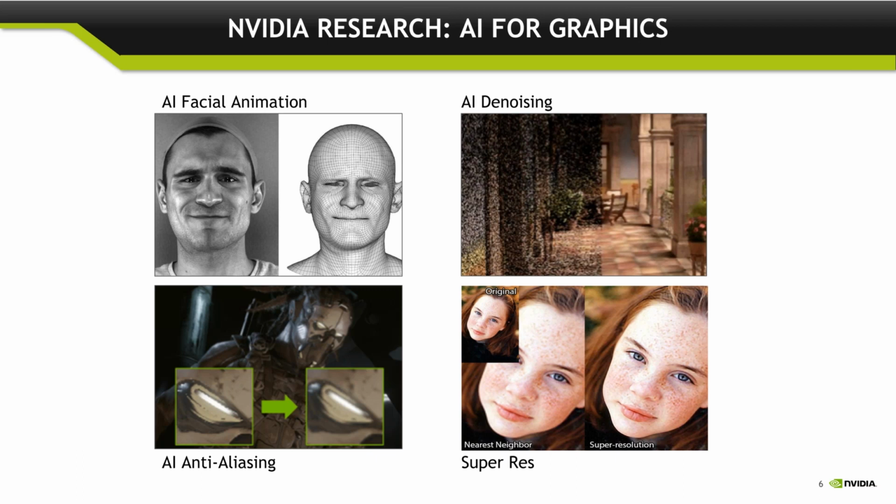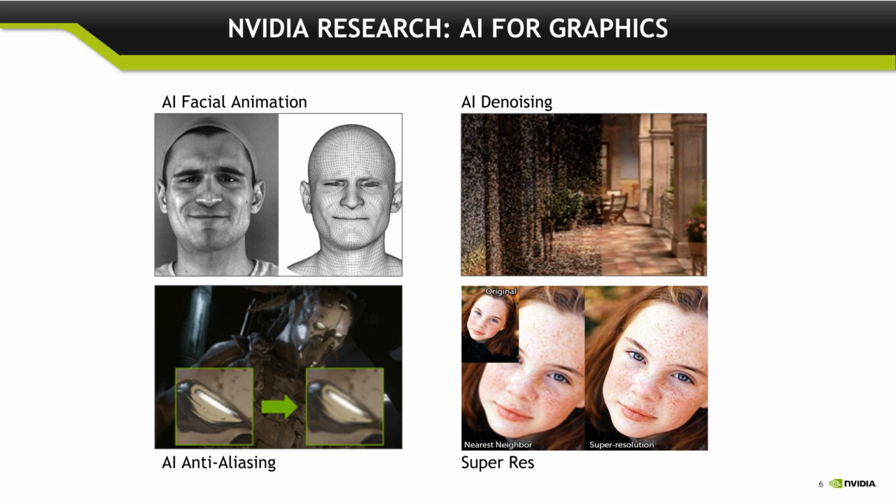And we worked with one of the companies out there to create a deep learning algorithm which can automatically animate the facial muscles based on a recorded clip. So you just have to record the dialogue as an audio clip, and then feed that audio clip into the neural network, and the neural network will automatically animate the facial muscles on that particular character. That's something which we did with one of our ISVs, AI facial animation.